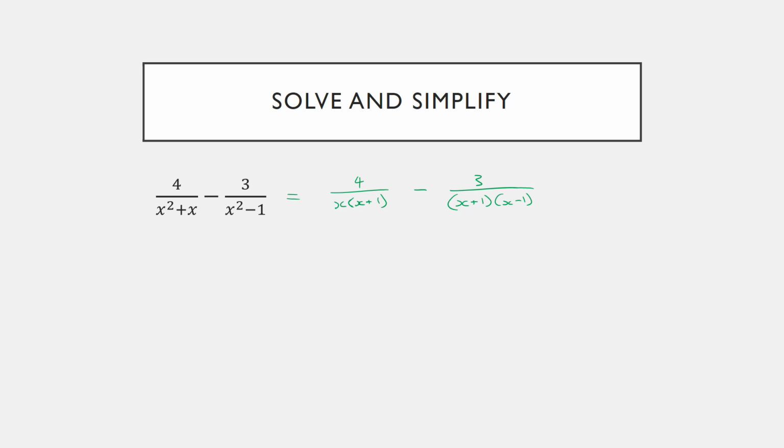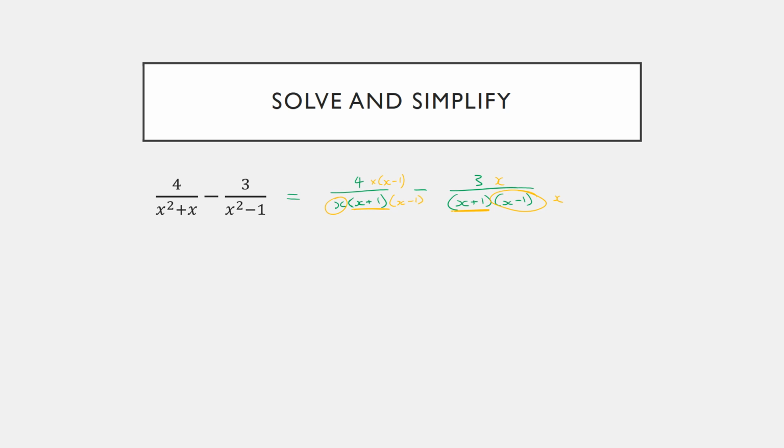So we can see some similarities and some differences between these two. In both we have our x plus 1, but the x minus 1 and the x are different. So to get the denominators the same, we have to multiply this one by x minus 1 on the denominator and the numerator. And then over here we need to multiply by x on both.